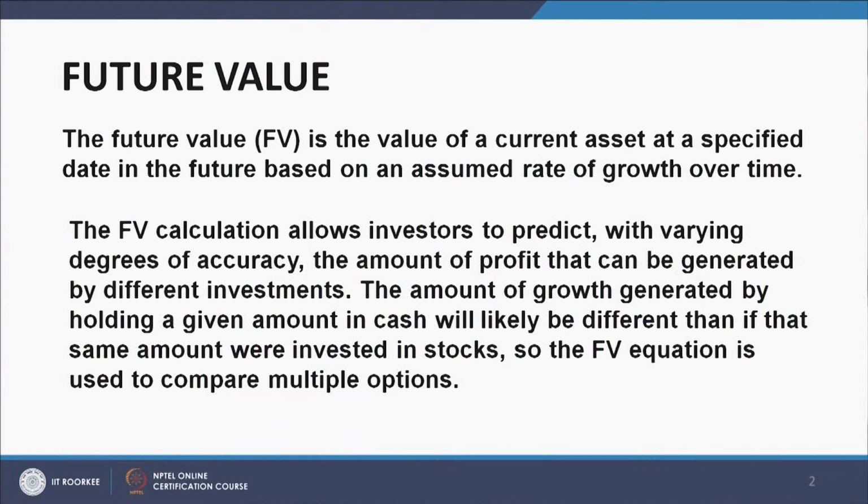The amount of growth generated by holding a given amount of cash will likely be different than if that same amount were invested in stocks. So, the FV equation is used to compare multiple options.